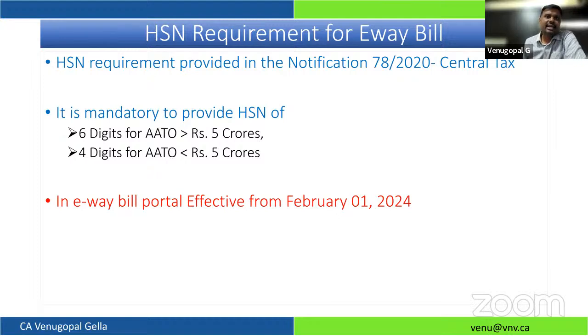Recently, in the e-invoice, they made it mandatory that you have a minimum of 6 digits while generating the e-invoice, because 5 crores and above are mandatory to generate the e-invoice. So now the e-way bill portal has also said, if you are generating an e-way bill through my portal, you better ensure you have a 6-digit number.